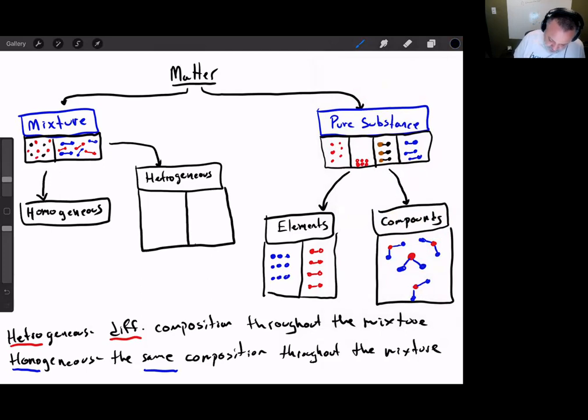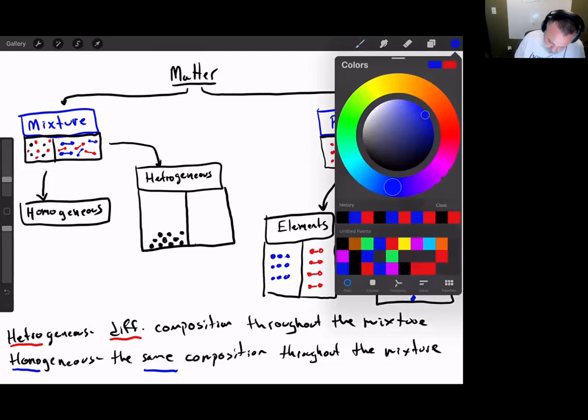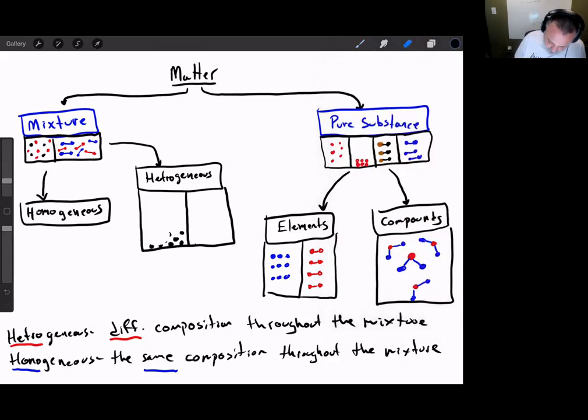Here's one picture. Let me back up because I've started to draw the wrong picture in the wrong location. So let's go to homogeneous because that's where I was trying to be.